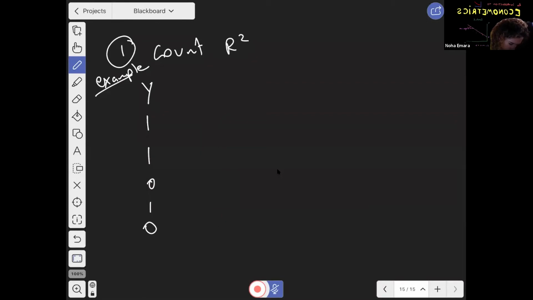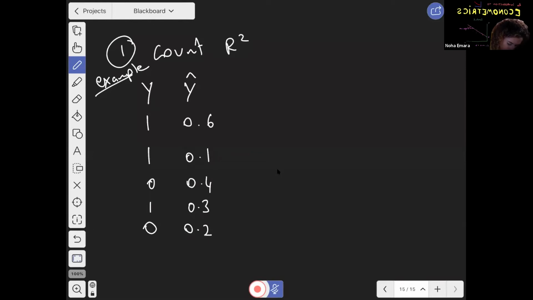I have 5 observations. I have estimated the model, and I suppose that my estimated Y hat was numbers that are 0.6, 0.1, 0.4, 0.3, 0.2.